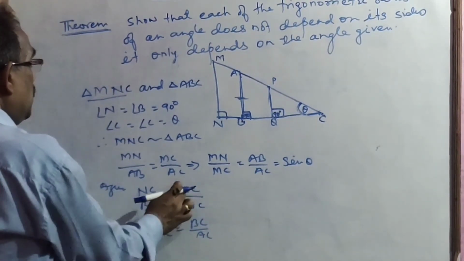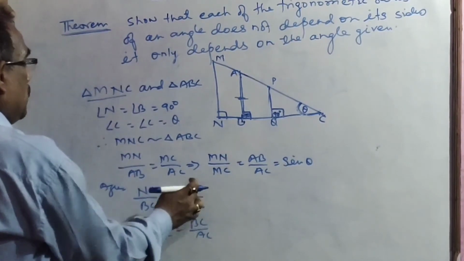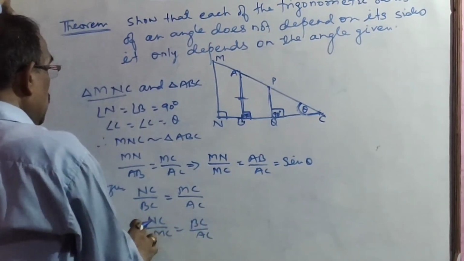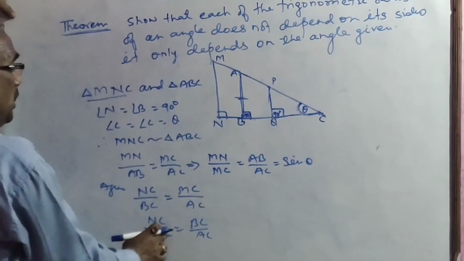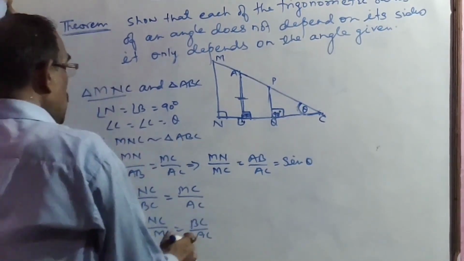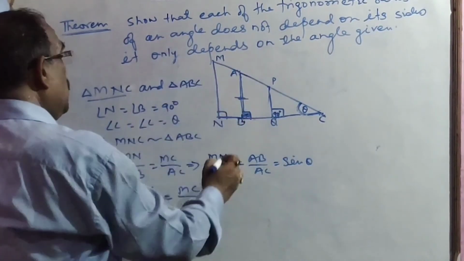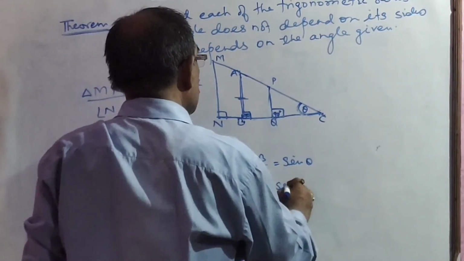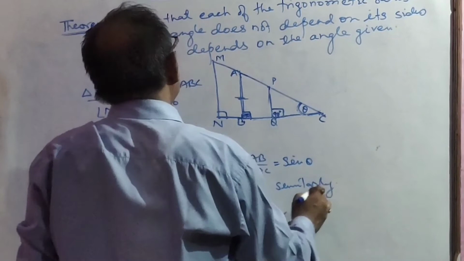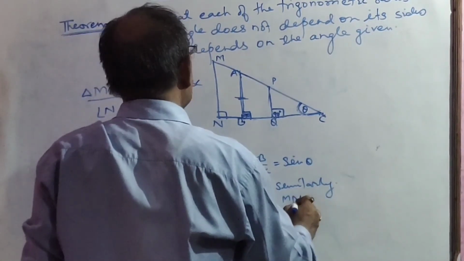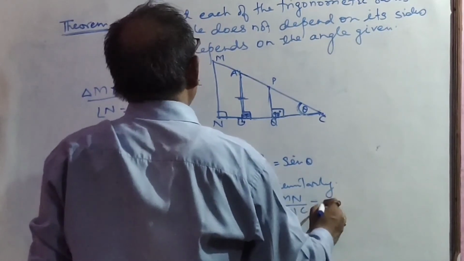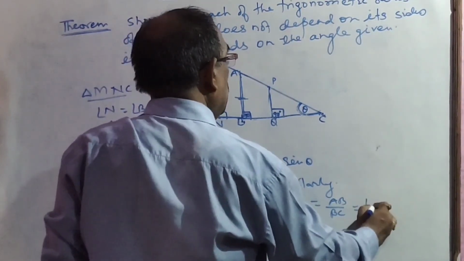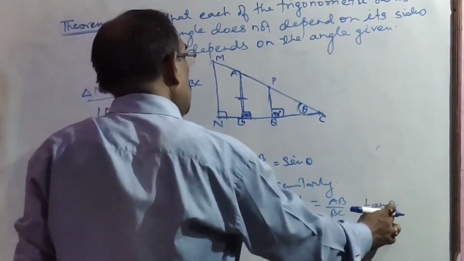NC by MC is equal to cos theta. Similarly, MN by NC is equal to AB by BC, and that is equal to tan theta.